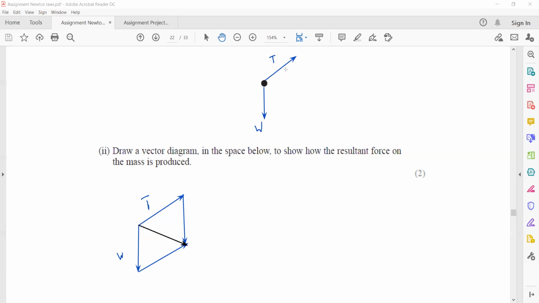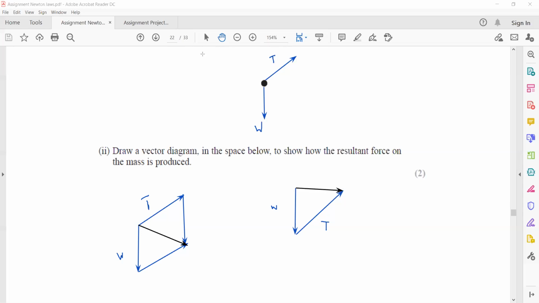Or if I use a triangle method, so weight is the first, I take the first one, the weight, then I draw the tension. It's up to you. You can draw tension first and then the weight, or weight first, then the tension. And what is the resultant? The resultant is from the tail of the first to the head of the last.